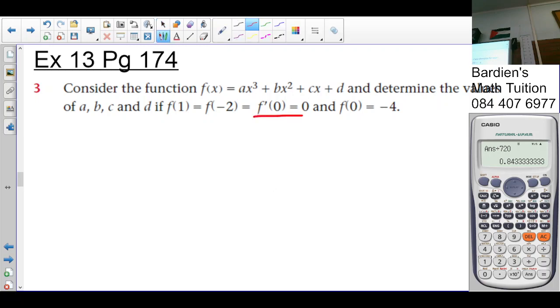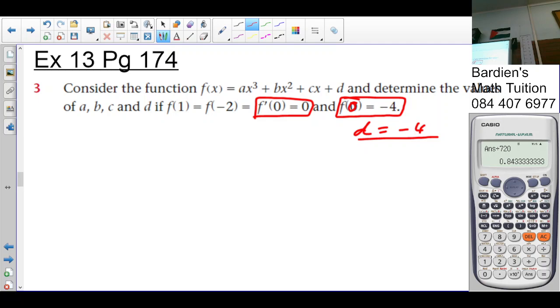So what does this tell us? The turning point is at 0. F of 0 is minus 4. What does that tell us? This is your y-intercept. Why do we know it's your y-intercept? Because our x is 0. So your d value is going to be minus 4. That's the first thing I can write down.